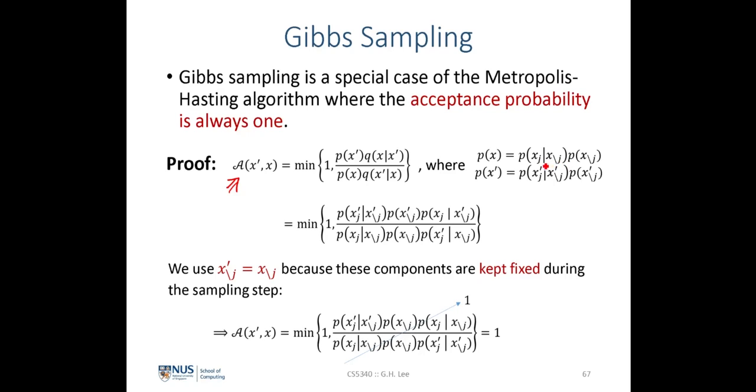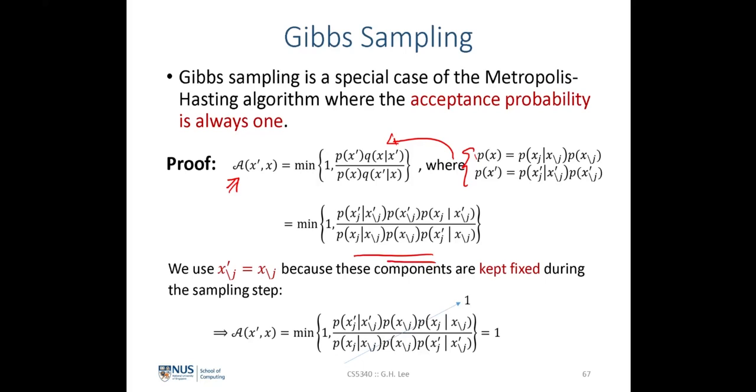Here x equals this equation, where it equals xj conditioned upon everything except for xj, and x prime equals the probability of xj prime conditioned upon x prime of all the other random variables except for j itself. Plugging these terms into the condition, we get this particular expression.